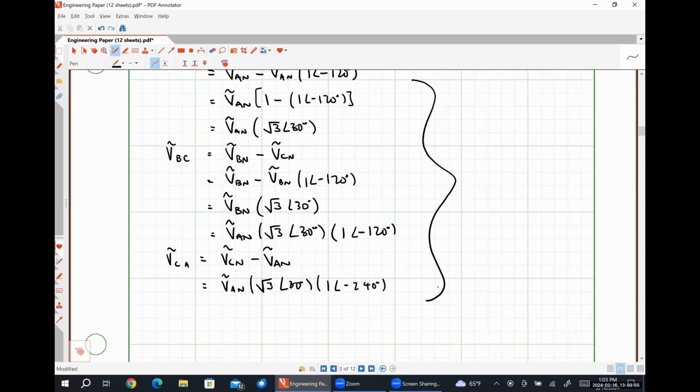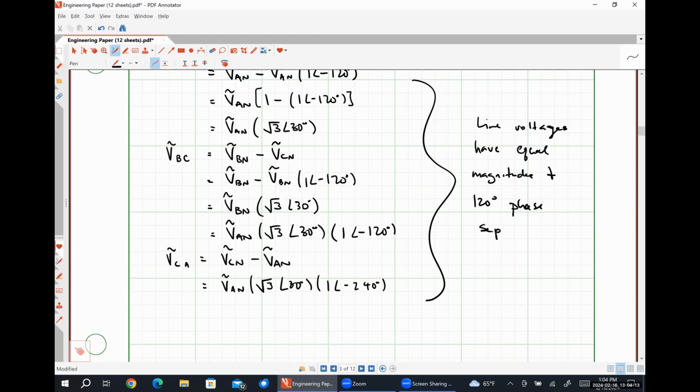So putting all of this together, line voltages have equal magnitudes and 120 degrees of phase separation.